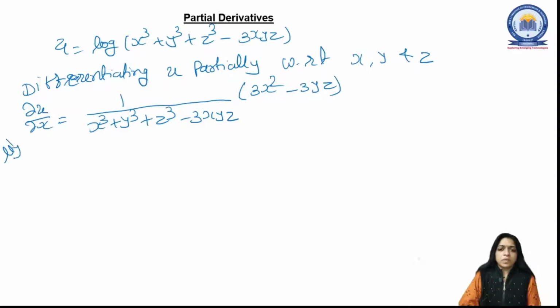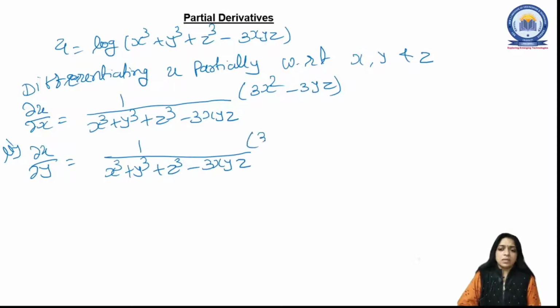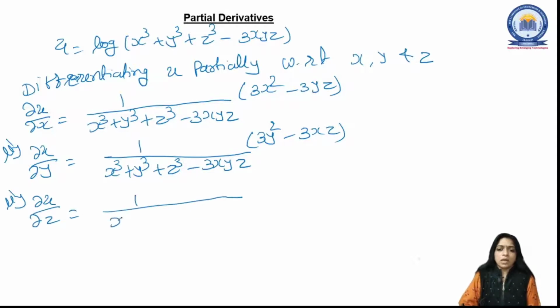Similarly, del u by del y is 1 upon x cube plus y cube plus z cube minus 3xyz times 3y square minus 3xz, and del u by del z is the same denominator times 3z square minus 3xy.